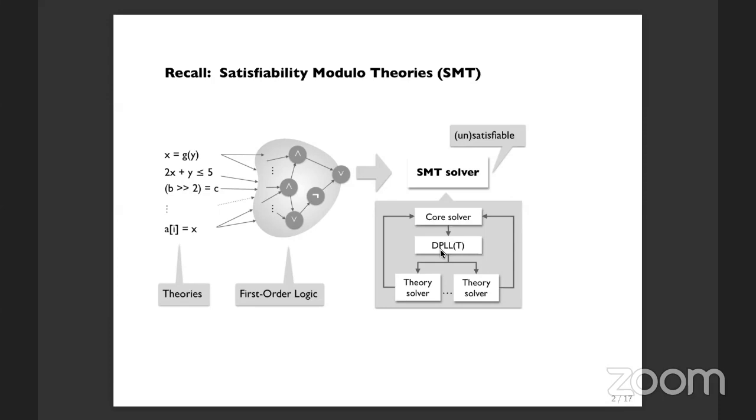So we will take a look into DPLL and DPLL(T). There are separate solvers for each of the individual theories that an SMT solver supports. And combining these theories is done in another component called the core solver. All these things interact with each other to make an SMT solver.